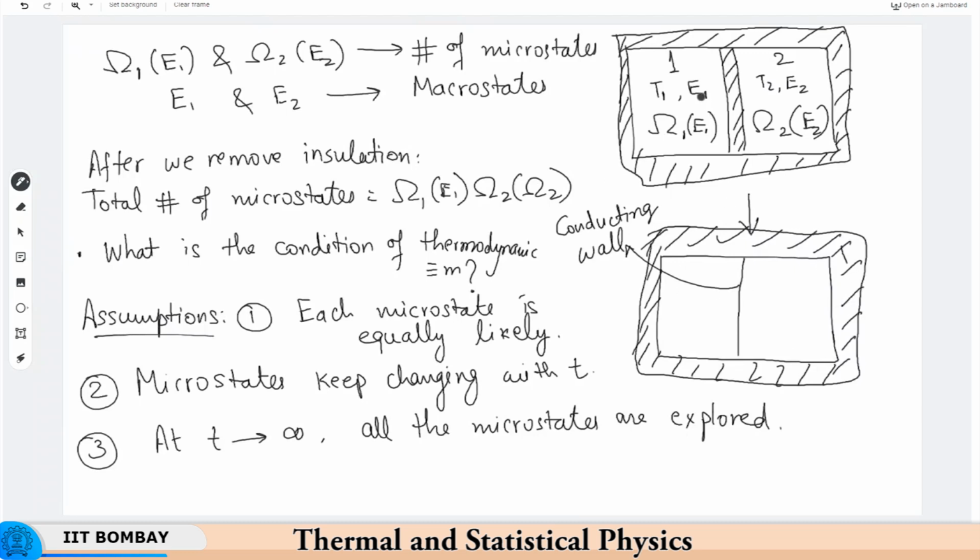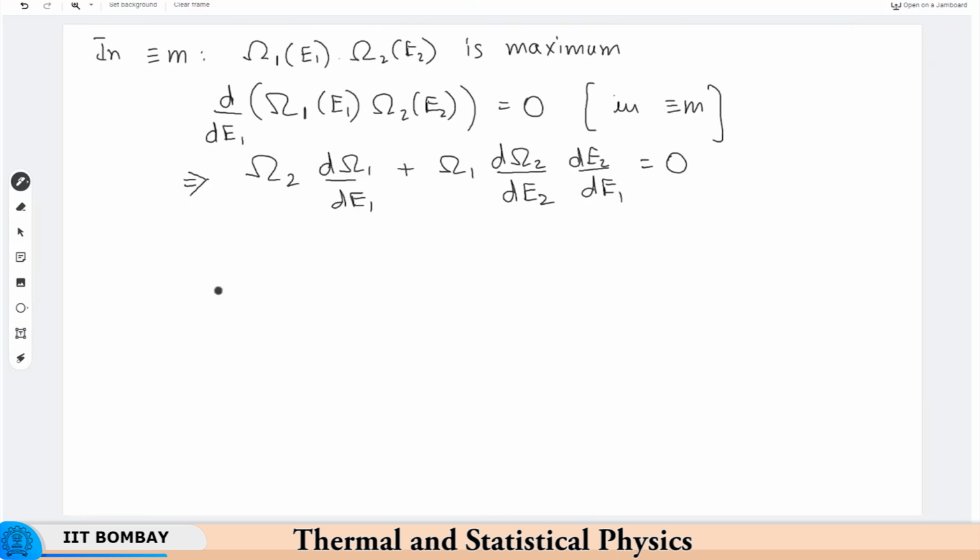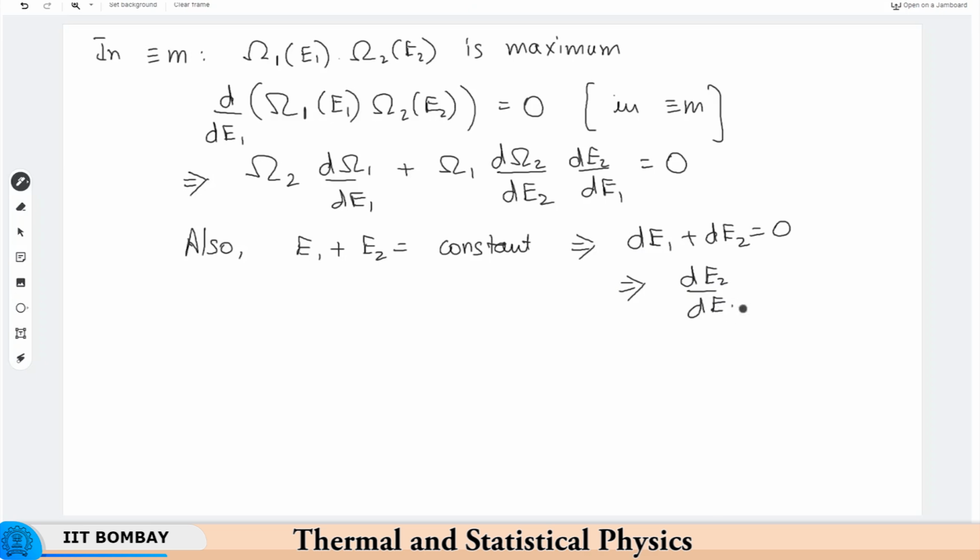So, what I mean is, the sum of E1 and E2 does not change, because it is not exchanging heat with the surroundings. All right. Also, E1 plus E2 remains constant, which simply implies that dE1 plus dE2 equals 0, or in other words, dE2 by dE1 is minus 1. All right.